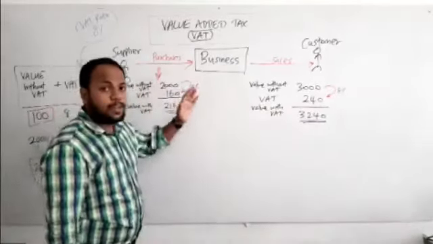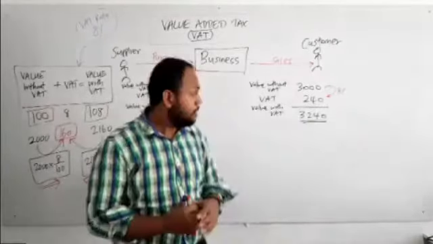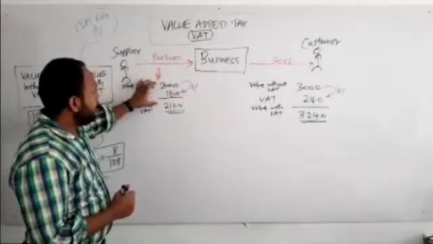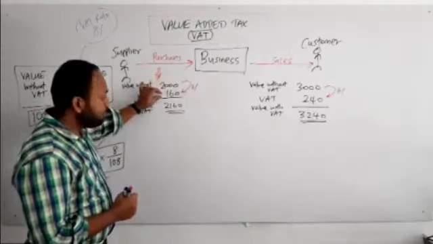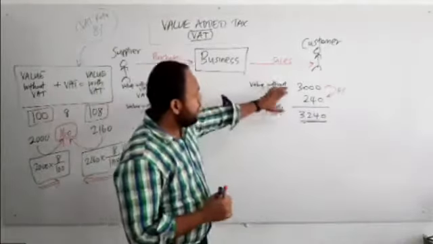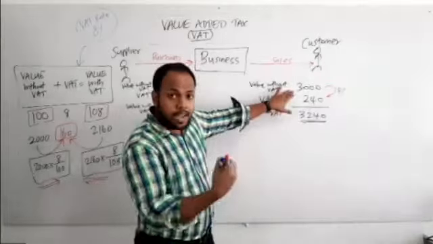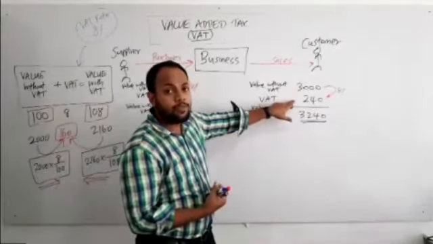Now we are going to see the double entries, purchases and sales. Our actual cost is 2000. This 160 is VAT. And our actual sales value is 3000. This 240 is VAT.